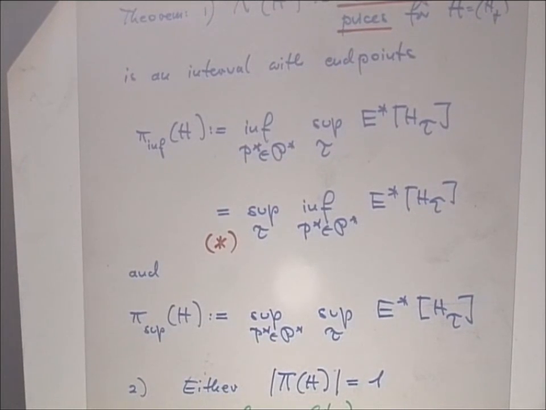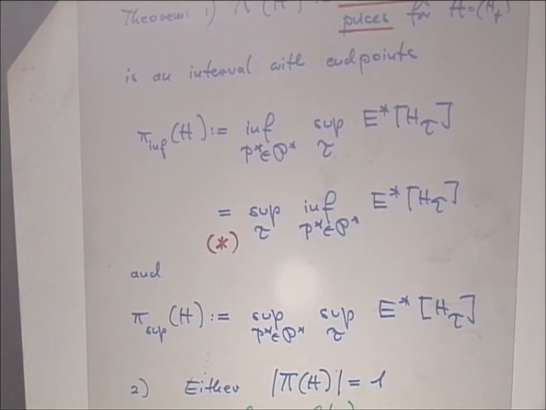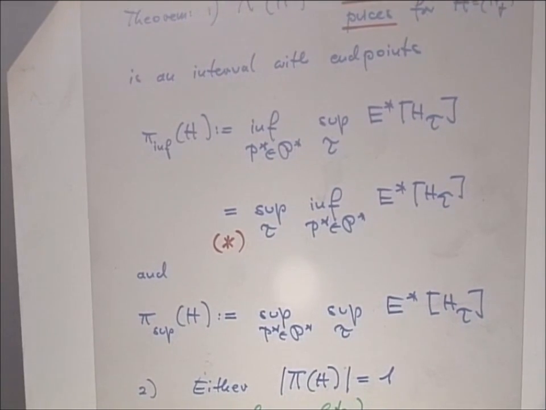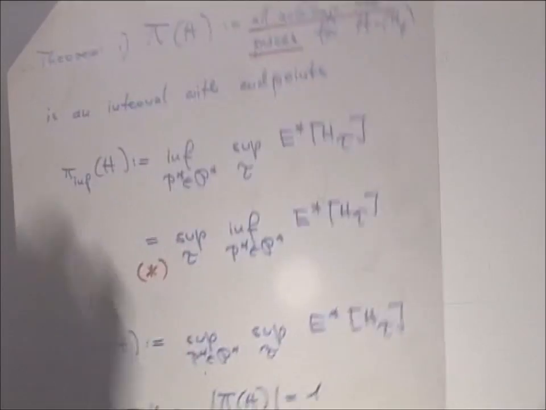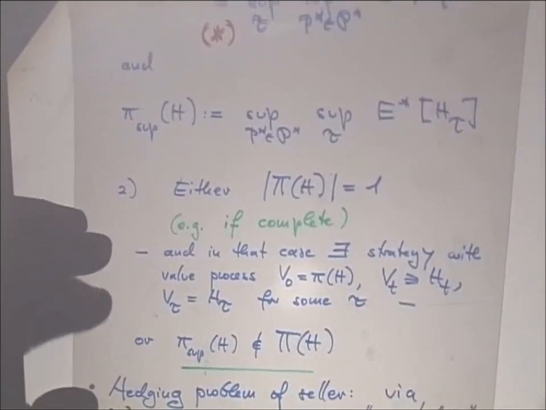And in that case, there exists a strategy for the seller which hedges, and which is best in the sense that he really also touches for some exercise time tau of the buyer. Or the upper limit itself is not an arbitrage-free price, does not belong to that set.